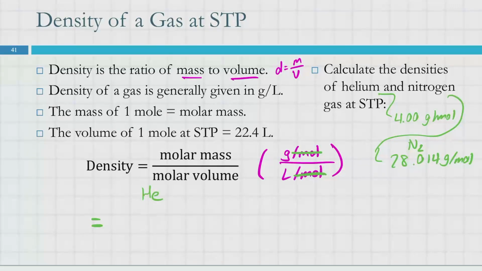So for He, it's going to be 4 grams per mole in 22.4 liters. Our density, 0.1785 and change grams per liter.